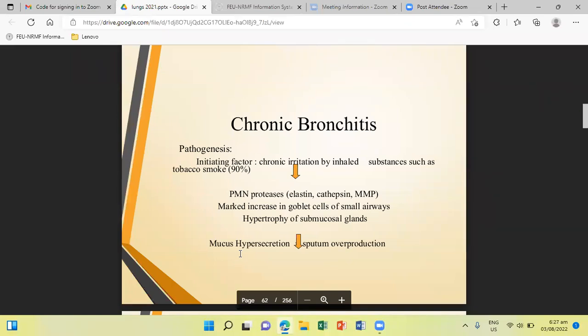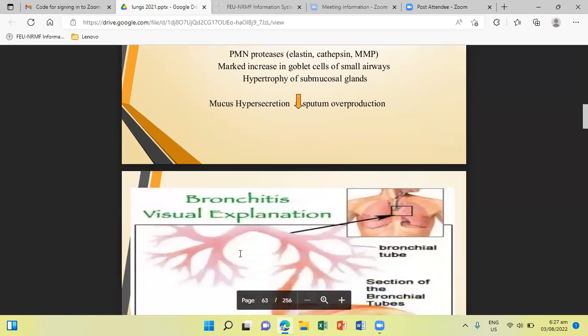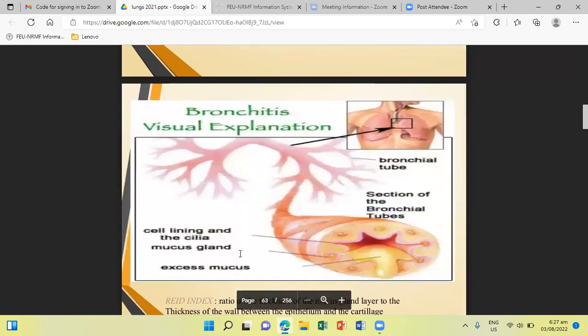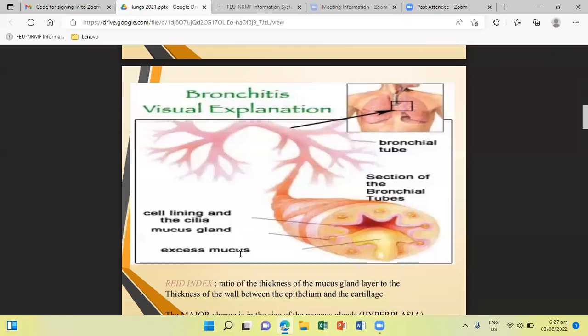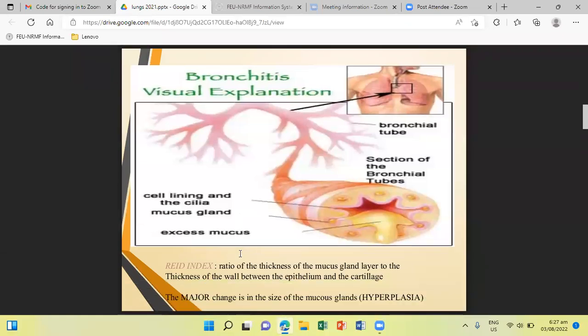The earliest feature of chronic bronchitis is hypersecretion of mucus in the large airways. This is associated with hypertrophy of the submucosal glands. So as you can see in this illustration, the mucus hypersecretion is evident. This is due to hypertrophy of the submucosal glands. As pathologists, we usually try to measure that, and this is what we call the Reid index.